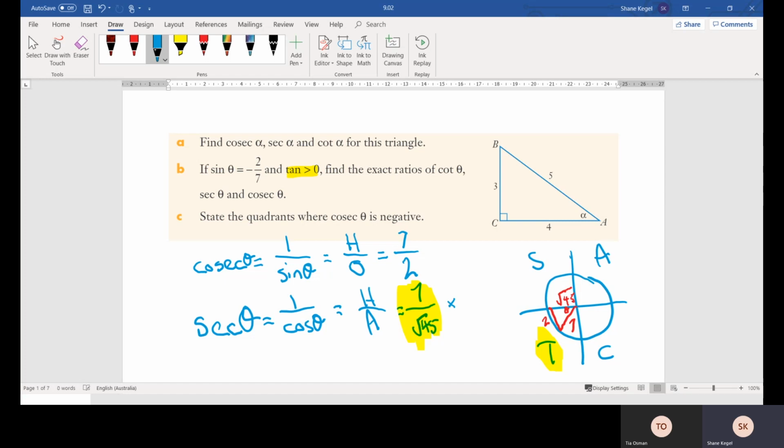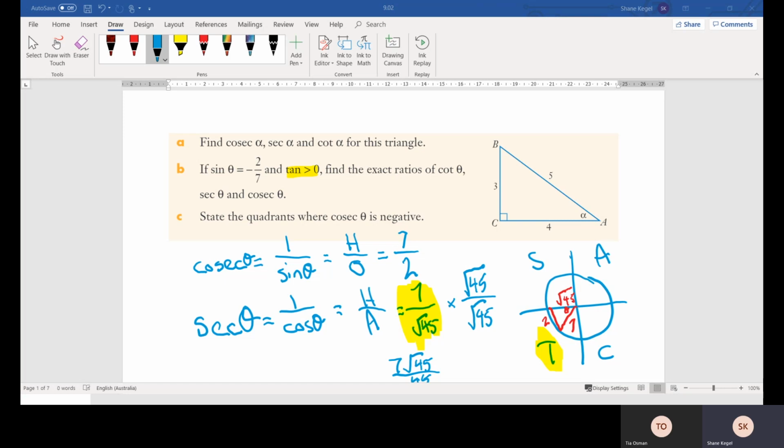I'm going to rationalize the denominator. Looking back at our previous chapters from last term, I multiply by root 45 on root 45. So I get 7 root 45 on 45.